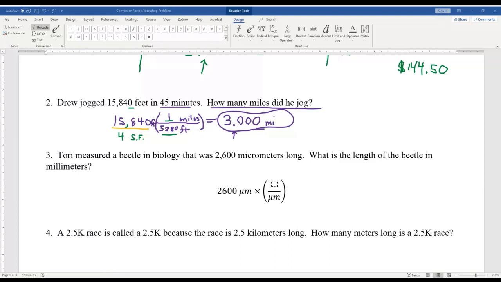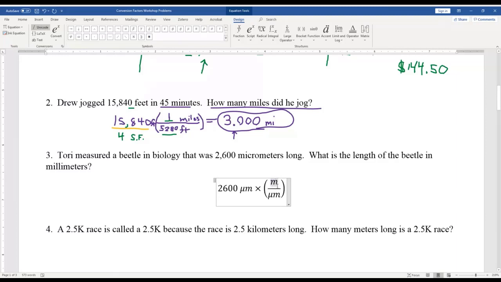The meaning of 10 to the negative 6 in the conversion table only works for comparing micrometers to meters, and likewise with the millimeters. Now, if you're really sharp in math, you can figure out the relationship between millimeters and micrometers. But in general, it's safer here to convert to the base unit.